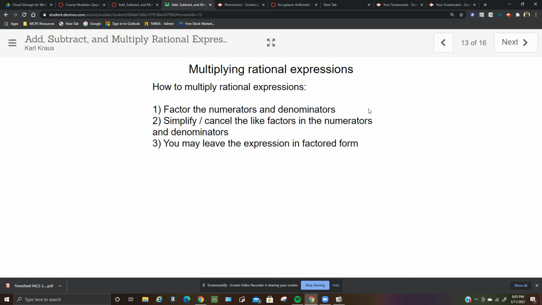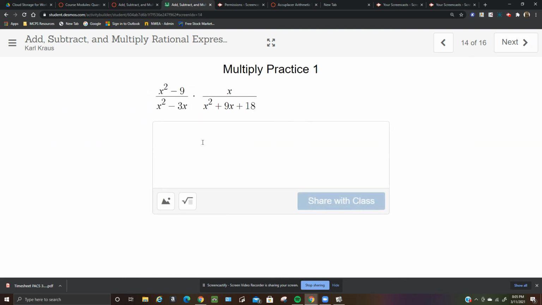And then multiplying rational expressions: factor the numerators and denominators, simplify and cancel the like factors in the numerators and denominators, and you may leave the expression in factored form. So factoring the numerator and denominators here.